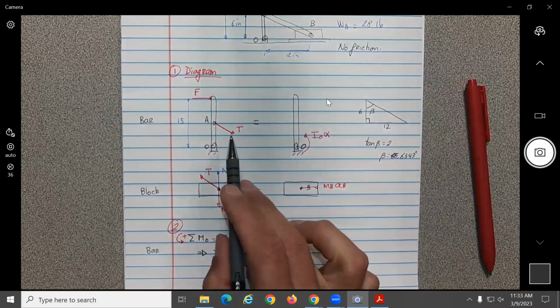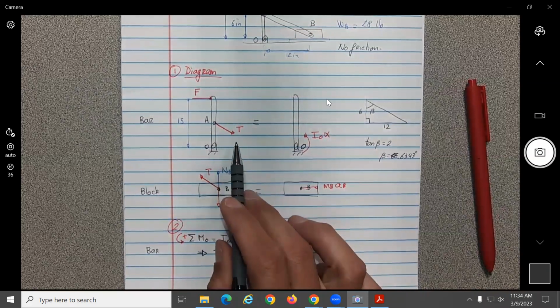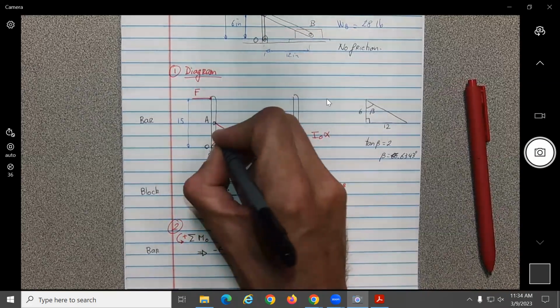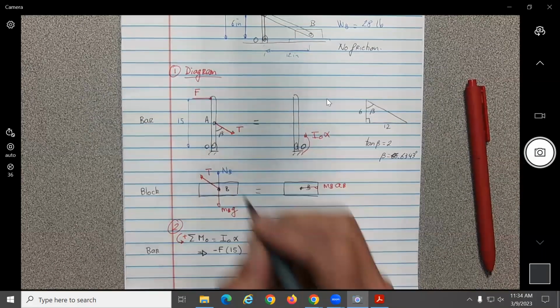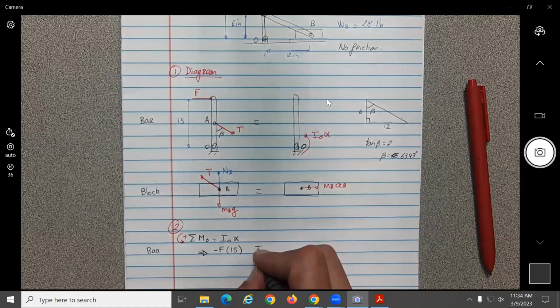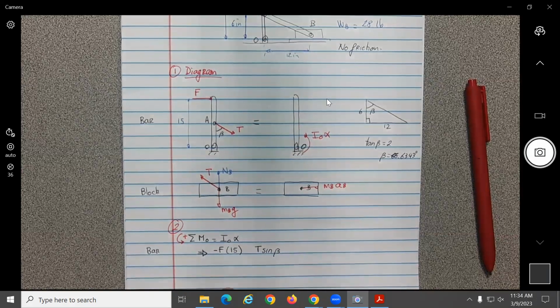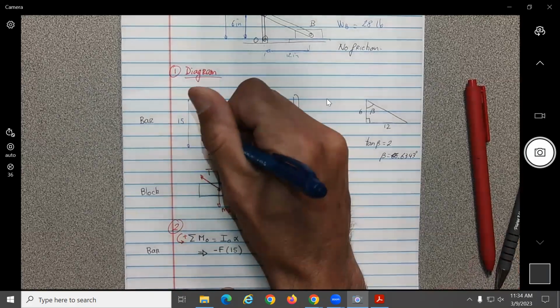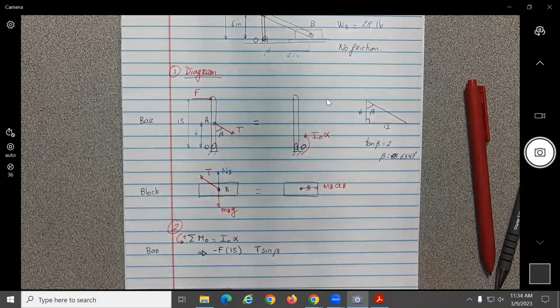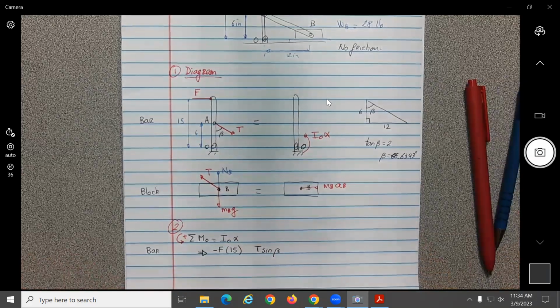Now, what about the T? We can break the T. Only the x component of the T will create a moment, no? So what will be the x component of the T? T sine beta, correct? What will be the arm? I think it was 6, no? See, everything needs to come from the figure. So if it's not a good figure, I don't go to the next step. So times 6.